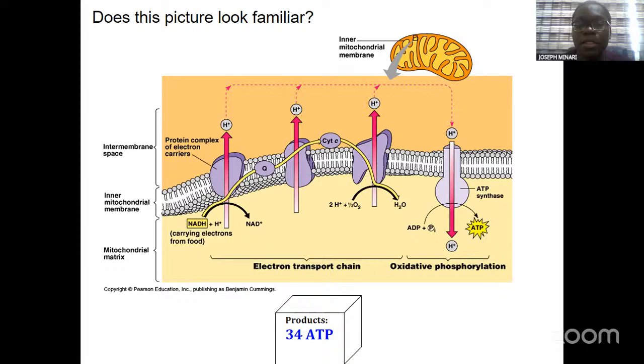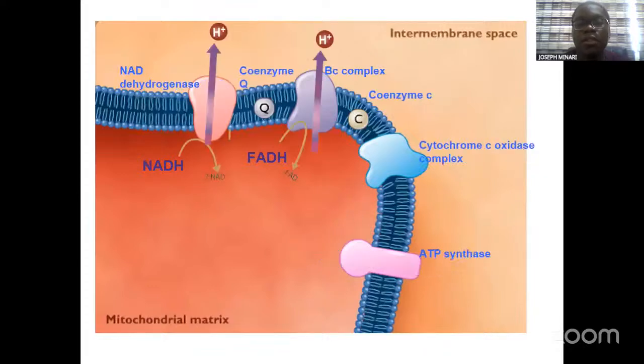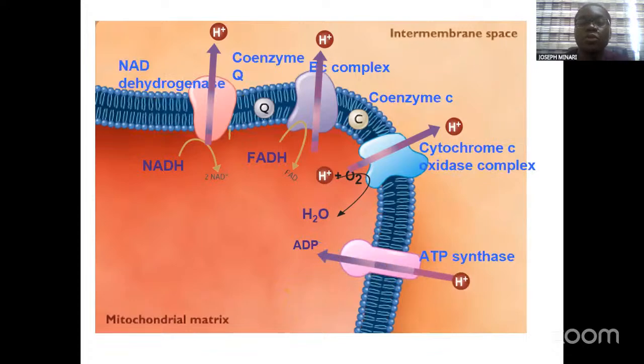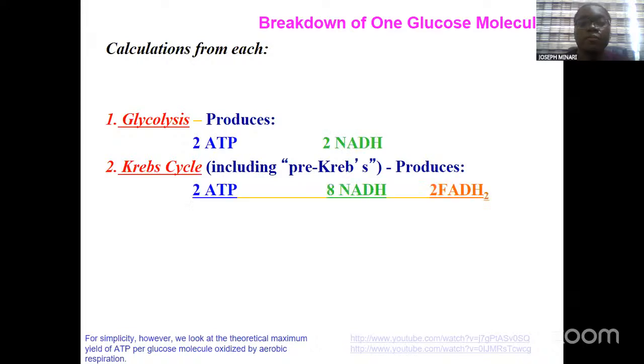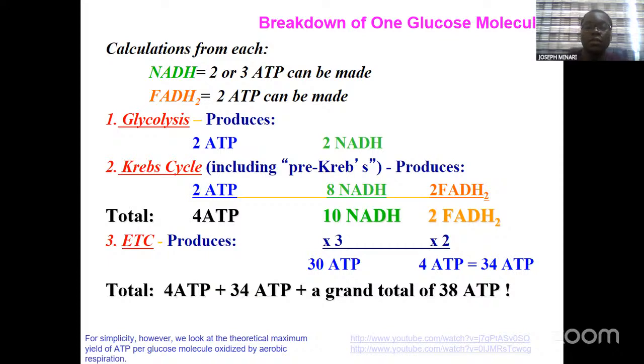This creates a gradient that will make the ATP synthase produce ATP, converting ADP to ATP because of the gradient that has been created, passing through the ATP synthase into the mitochondrial matrix. And this leads to massive production of ATP. So in all, we have a total of 38 ATP that is being produced.